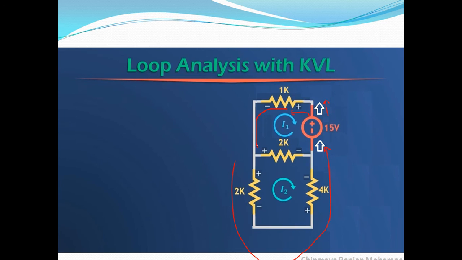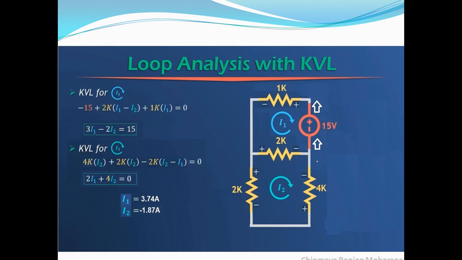Clear? In this direction this is positive, in this direction this is positive, and finally we reach here. Clear? First of all, our marking is finished. Next one is our loop.